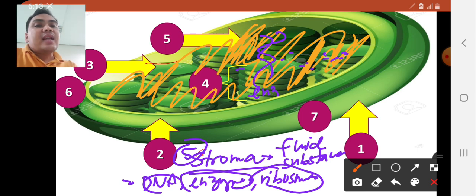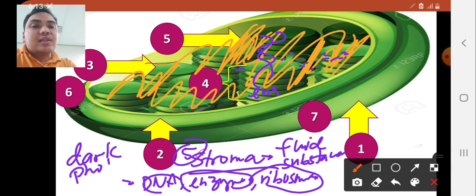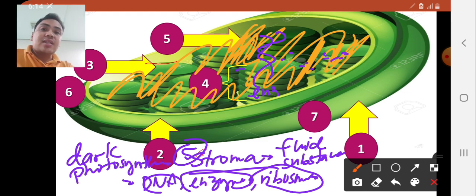In addition, the stroma is the site of the dark reaction of photosynthesis, which is one of the phases of photosynthesis along with the light reaction. The dark reaction will be discussed in lesson number 14 of General Biology 1 at the end of the second quarter.